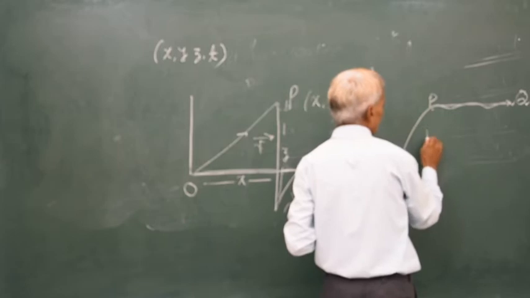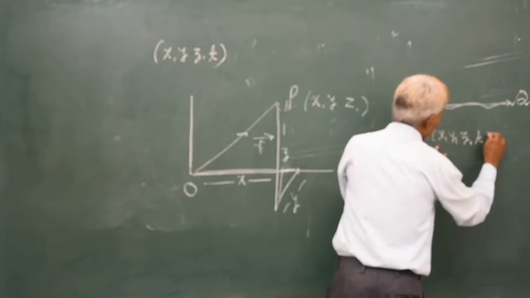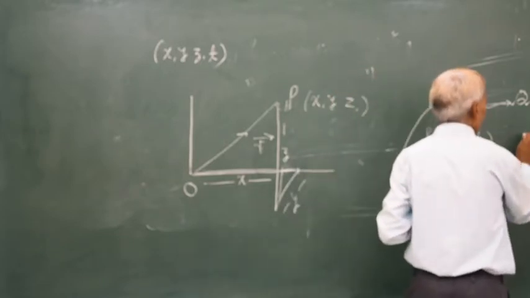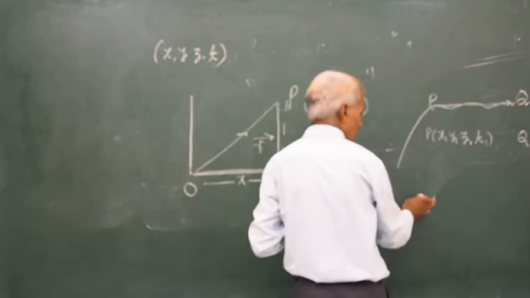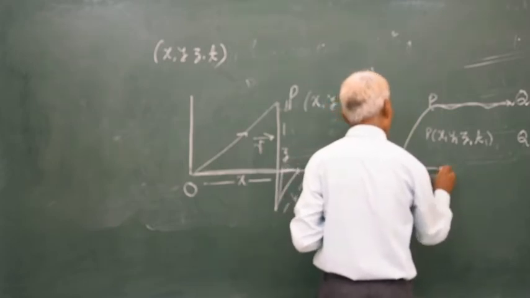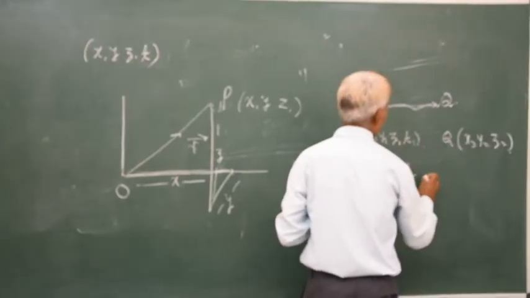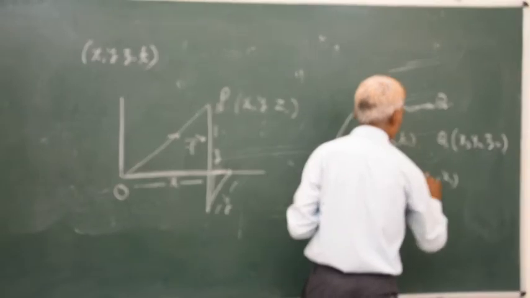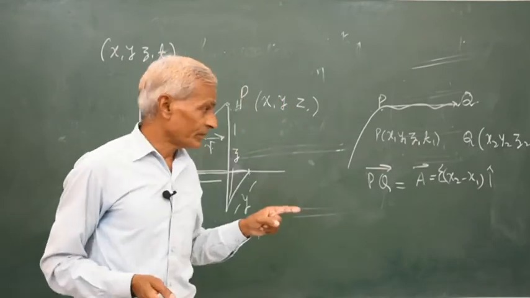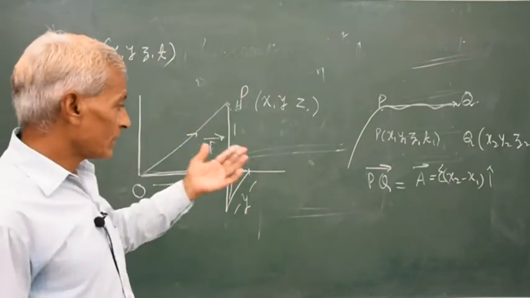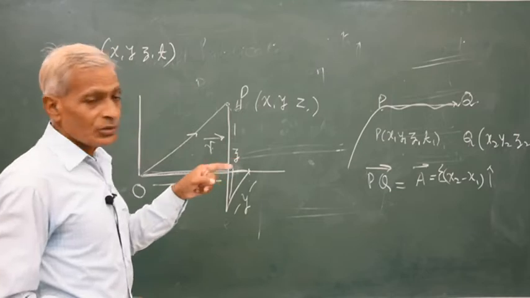Position of point P is x1, y1, z1 and time is t1. Position of point Q is x2, y2, z2. Position vector PQ is denoted by vector A and it is (x2 minus x1) i plus (y2 minus y1) j and (z2 minus z1) into k.